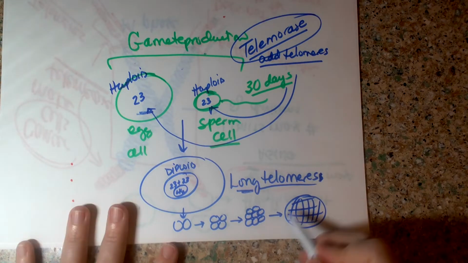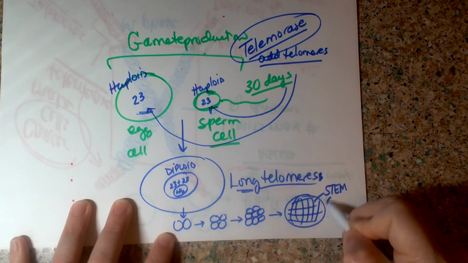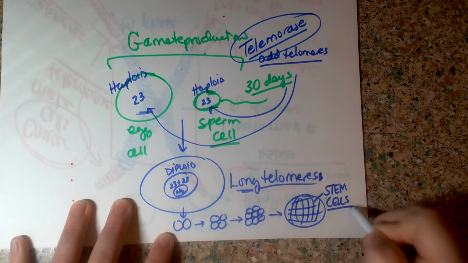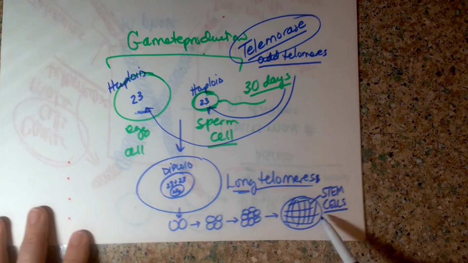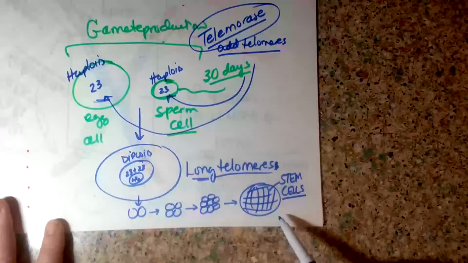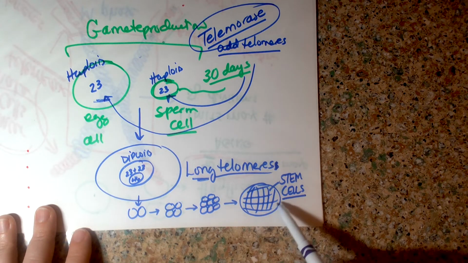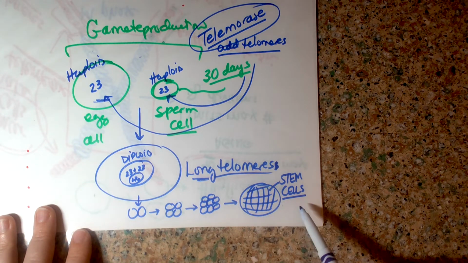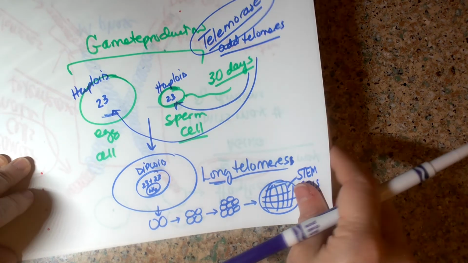Prior to differentiation, these are all called stem cells. Stem cells are all your normal body cells. They just haven't specialized yet. So in order to specialize, they're going to have to regulate which genes are on and which genes are off. Okay, so let me flip the page here.